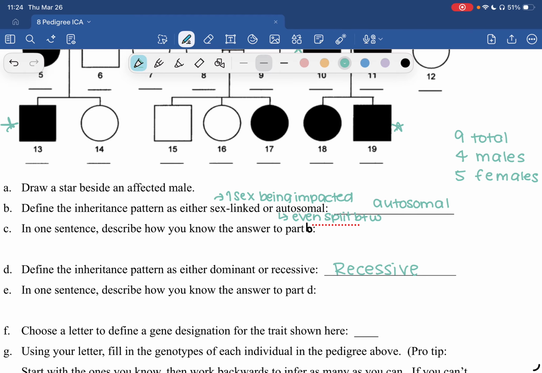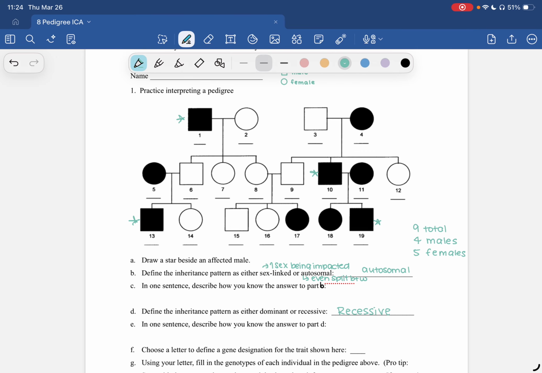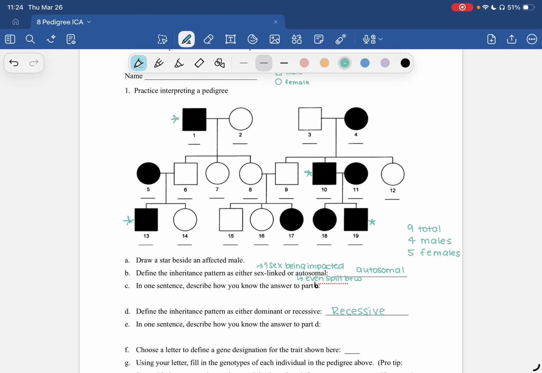And then again, in one sentence, describe how you know the answer to part D. I would use a specific example. So I would say in the second generation, so this is generation 1, 2, and 3, female 8 married an unaffected male.